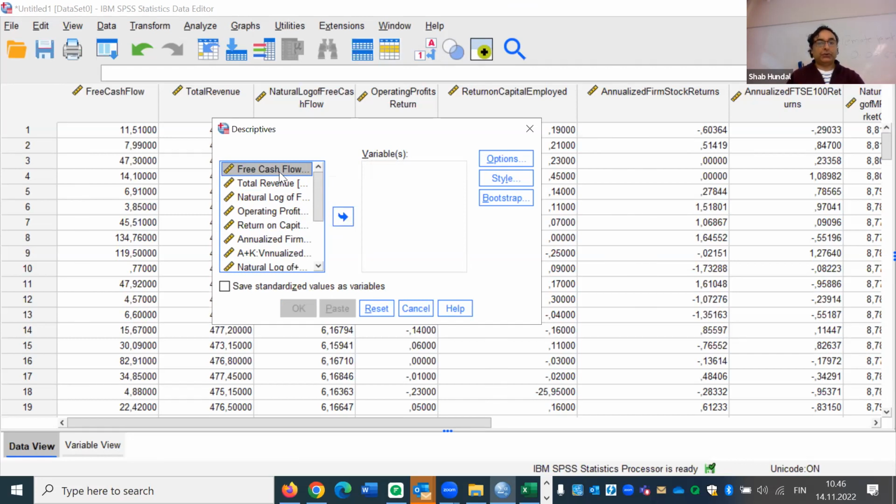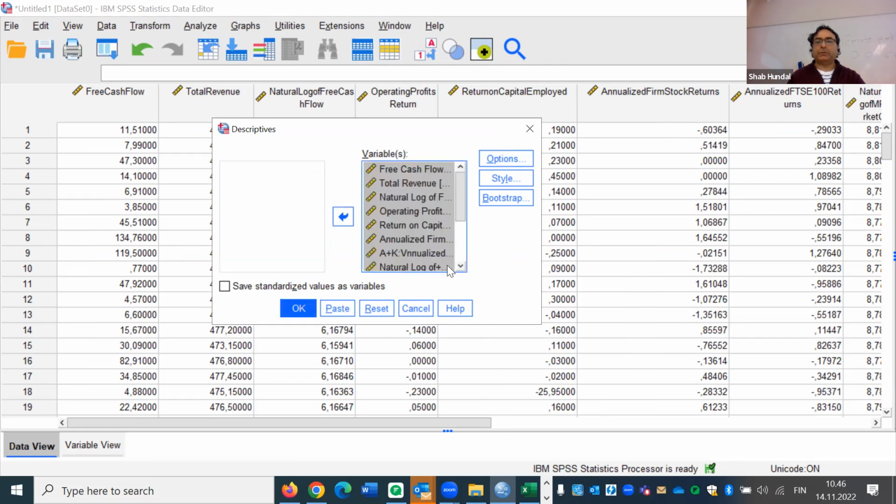But if you want to pick all of them, then you can use the shift function and you can select all of them. And you can bring them here in one go. Should I repeat it?